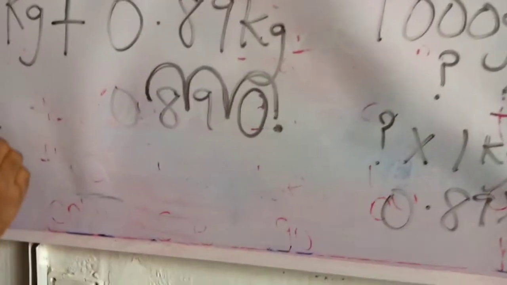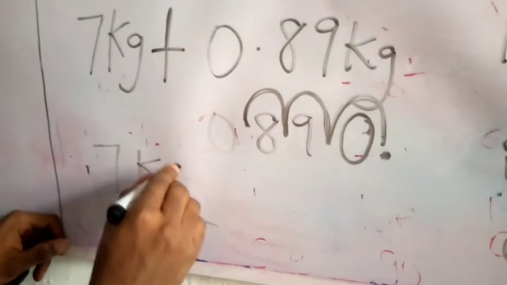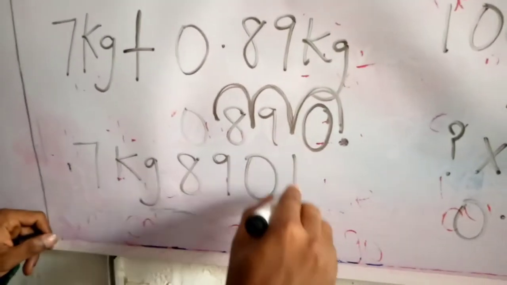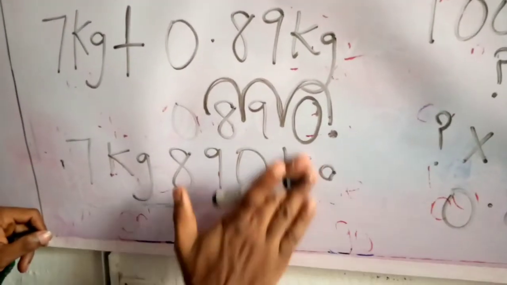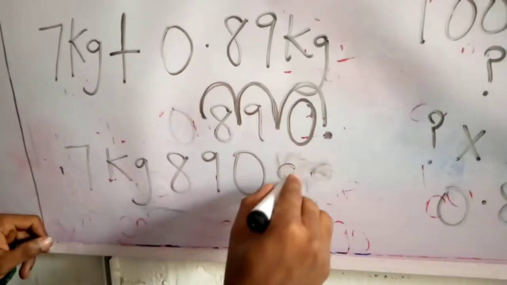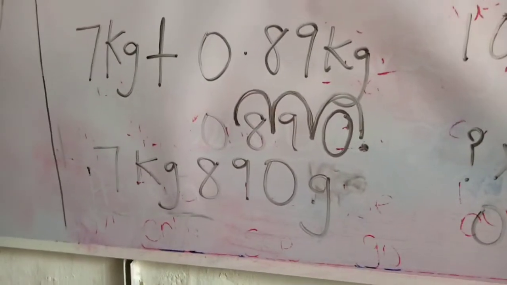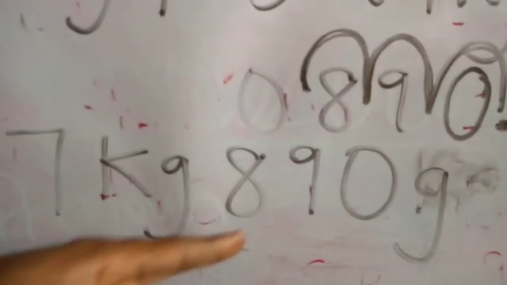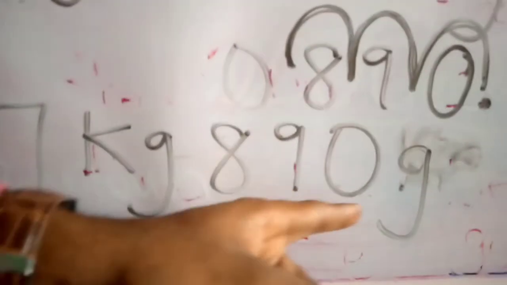So you have 890 grams. So when you change 7.89 kilogram to kilogram and gram, you have 7 kilogram, 890 grams.